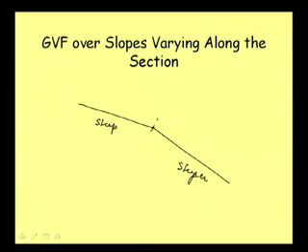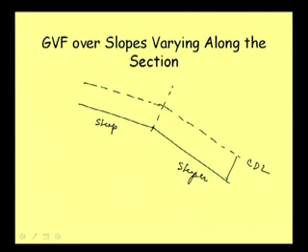Let me again draw a boundary here, and say the critical depth line is this one. The critical depth line, as we know, does not depend on slope. So this is our CDL, and this is yc.